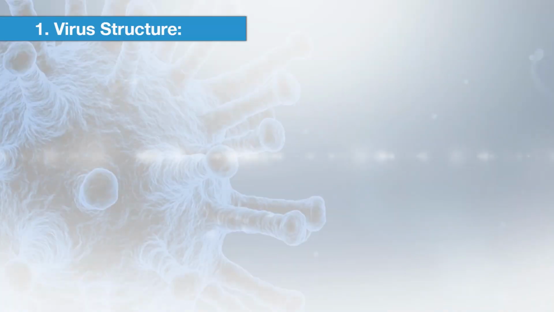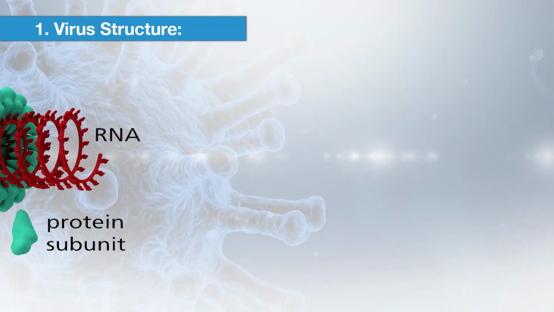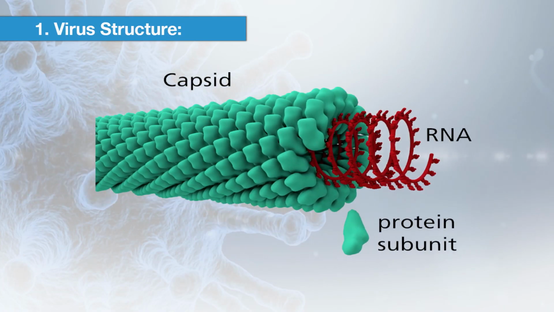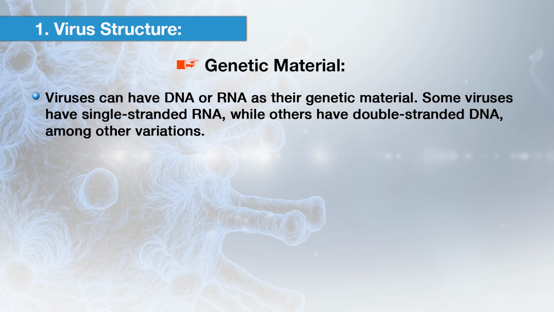Here are some key aspects of virology. Virus structures. Capsid: the capsid is the protein coat surrounding the viral genetic material. Genetic material: viruses can have DNA or RNA as their genetic material.